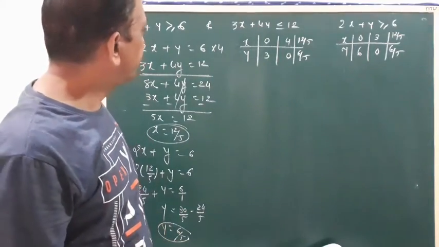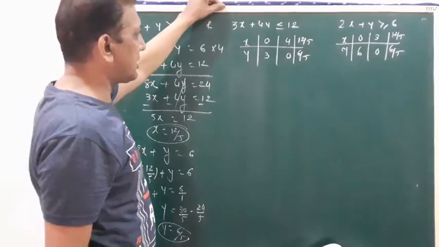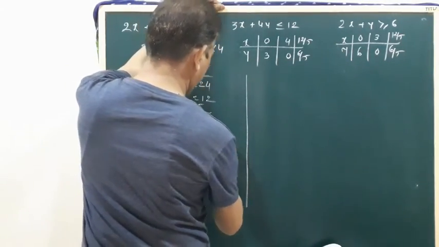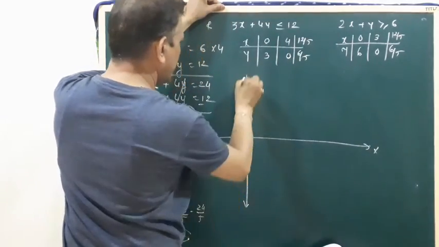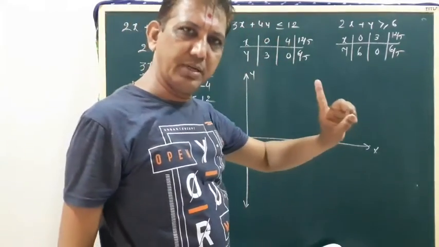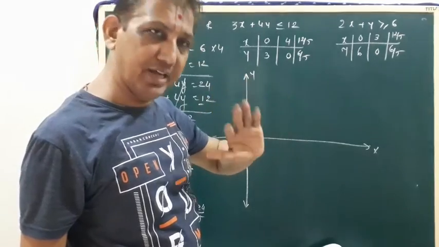Okay. Now all the points are positive. So we draw the graph in the first quadrant. First we look at both tables and see the maximum value of the x axis and y axis.